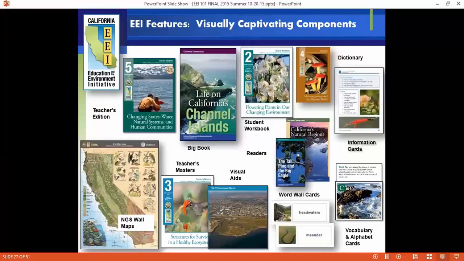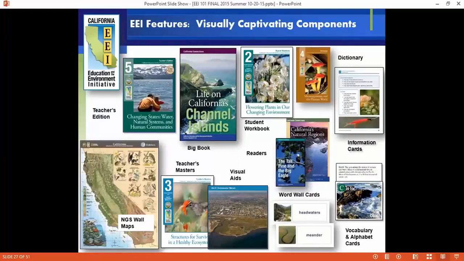You don't have to look for the book that has the answers in it because they're all in the teacher's edition immediately following the lesson procedures. Then we have all of the student pieces, things like the big book, student workbooks, dictionaries, and readers. Those all come to you, and of course all EEI curriculum is free.